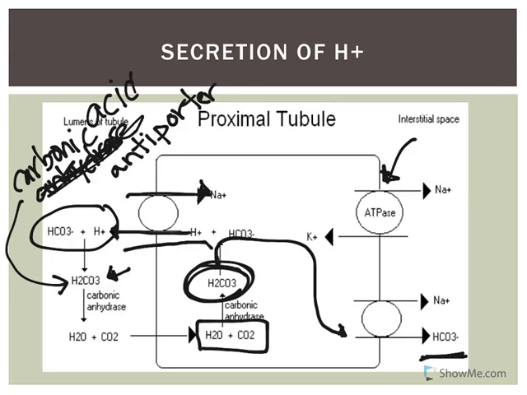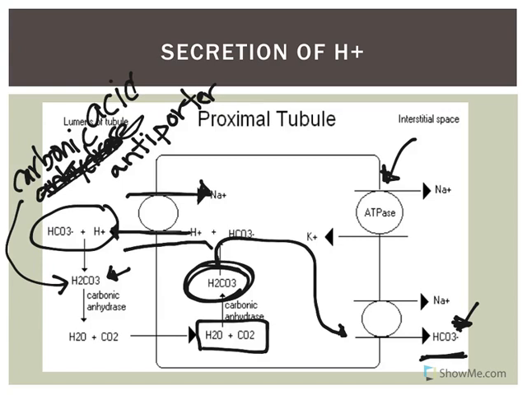And so you really don't have any net secretion of hydrogen ions, because for every one hydrogen ion that's secreted, you can reabsorb one bicarb. So the secretion of hydrogen ions in the proximal tubule is actually necessary to reabsorb a bicarbonate. Okay, it seems kind of long and drawn out, but that's just the way it works. So we have secretion of hydrogen ions.